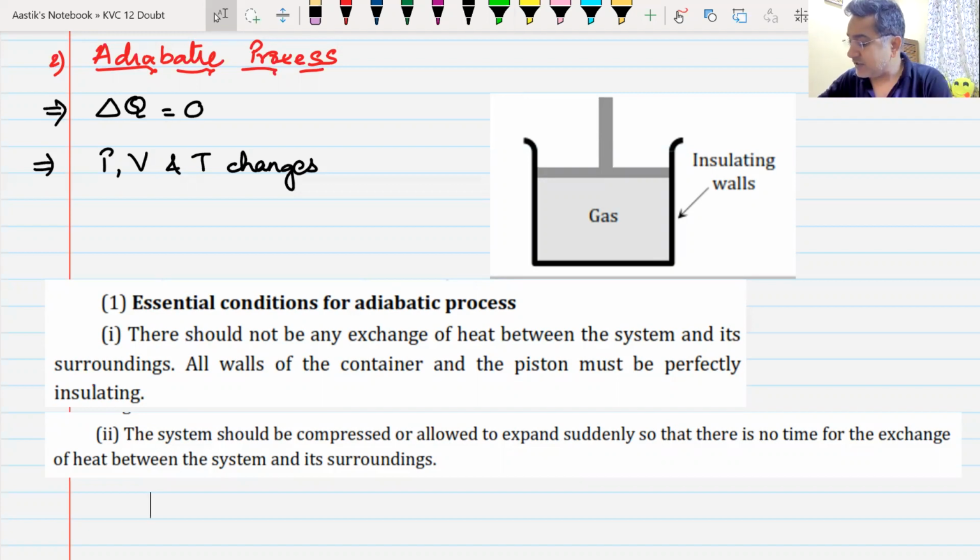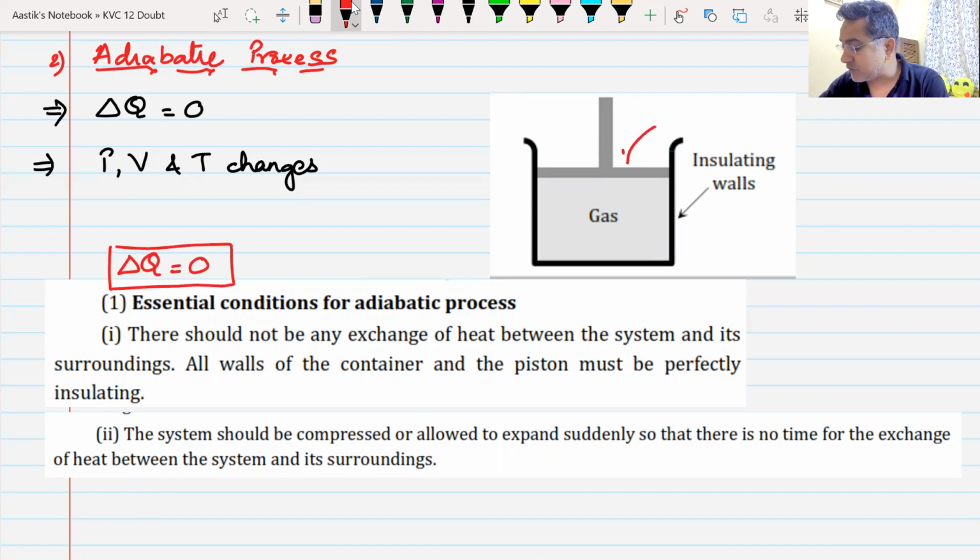So the only condition we have to understand is, since you don't want any heat to get exchanged, the process must take place in perfectly insulating walls, and the piston has to be perfectly insulating. Then the second condition was it must be very fast. Why must it be very fast?